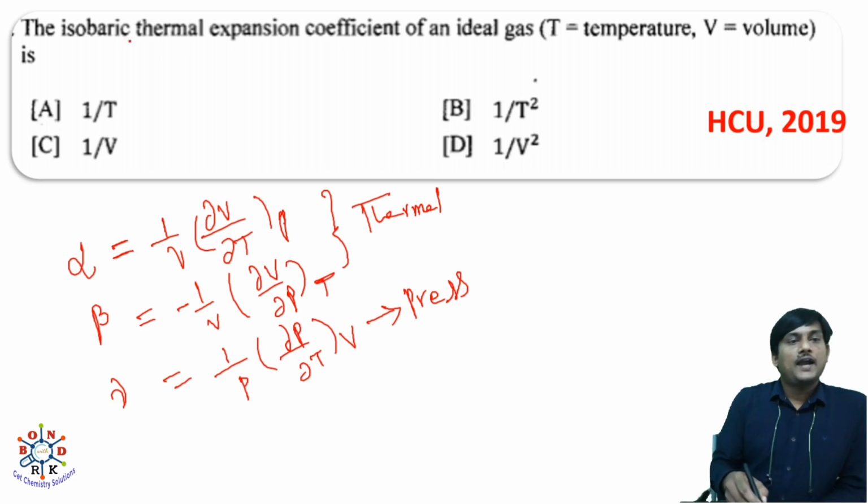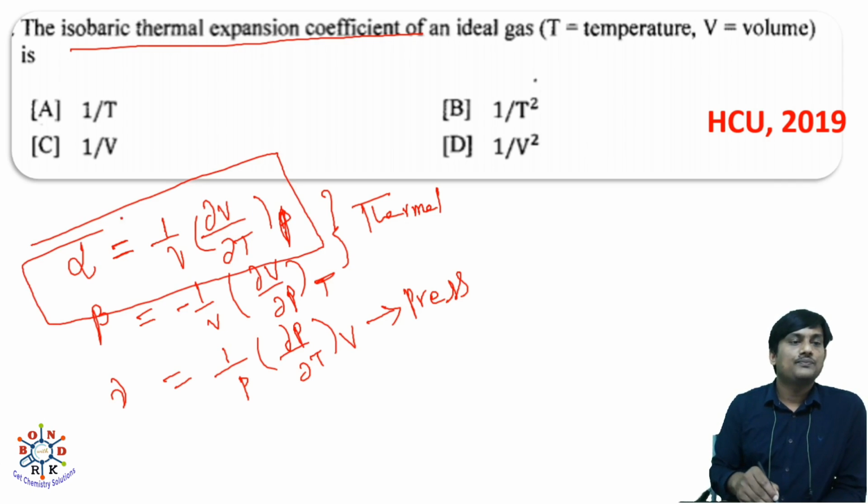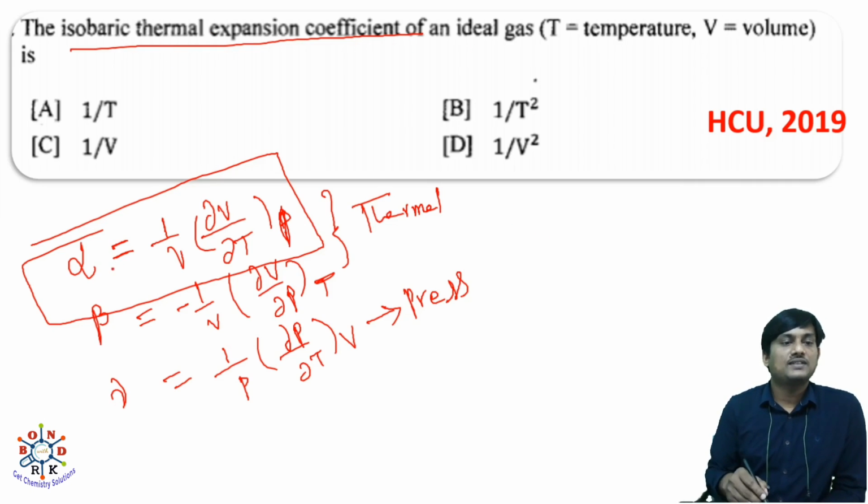What is the isobaric thermal expansion coefficient? This is at constant pressure. It's the thermal expansion: with respect to temperature, there is a change in volume. So this alpha is the isobaric thermal expansion coefficient. For an ideal gas, what is the value?